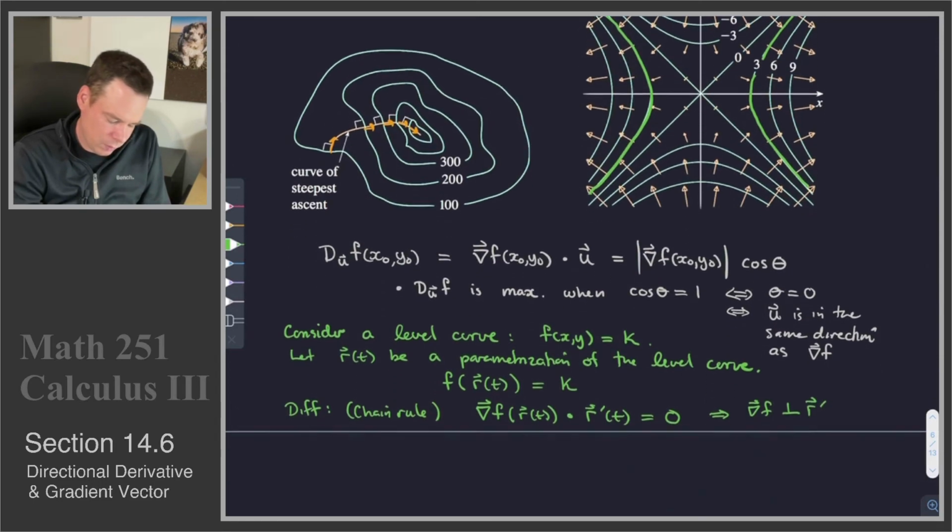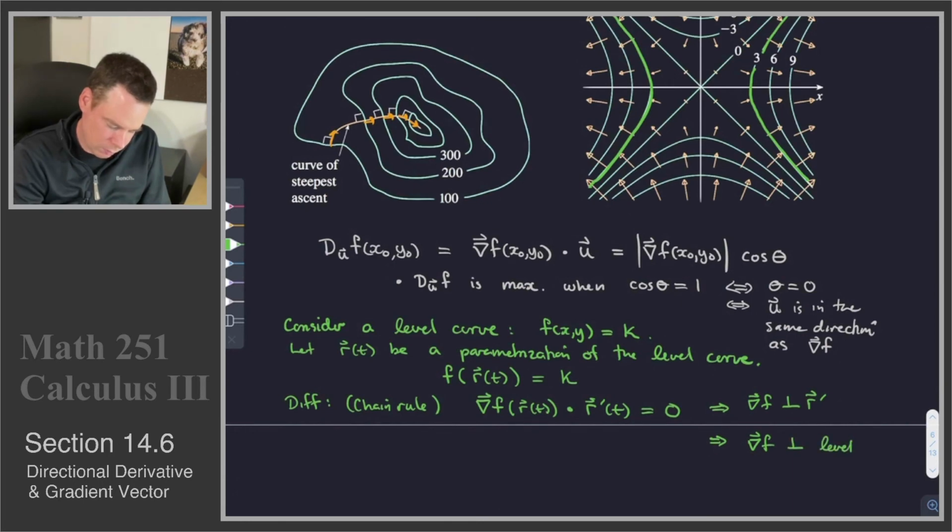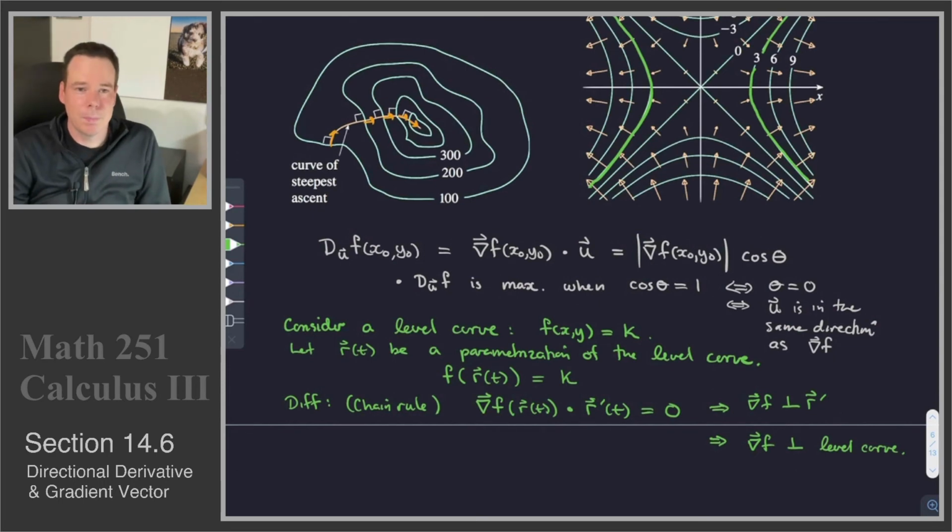And so if the gradient is perpendicular to the tangent vector, it means that the gradient is perpendicular to the level curve, because the tangent vector is parallel to the level curve. It's the direction the level curve is going in. So we get that the gradient vectors are perpendicular to the level curves.